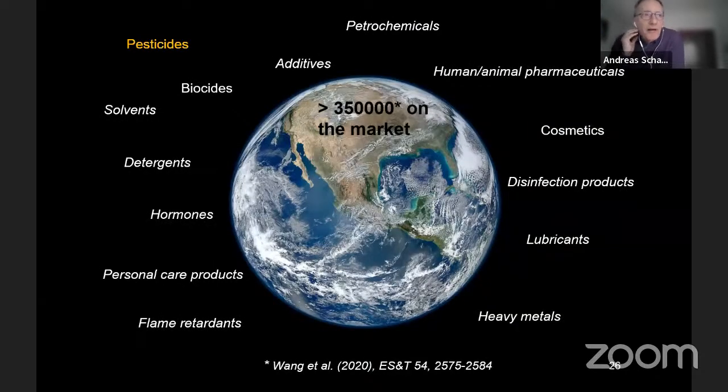Okay, so that was the part on pesticides. Now I turn to a more general approach on other chemicals. I talked about pesticides, but as you all know, many other chemicals are on the market.